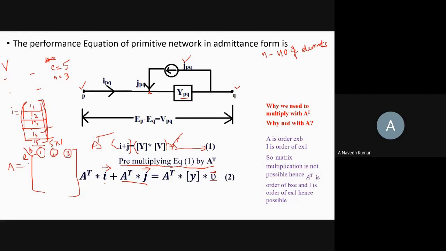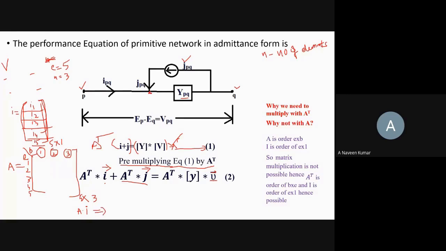How many elements are there here? 5 elements, so 1, 2, 3, 4 and 5. Now what is the order of this matrix? 5 cross 3, very good. Now can we multiply A into I? Is it possible? Please check.